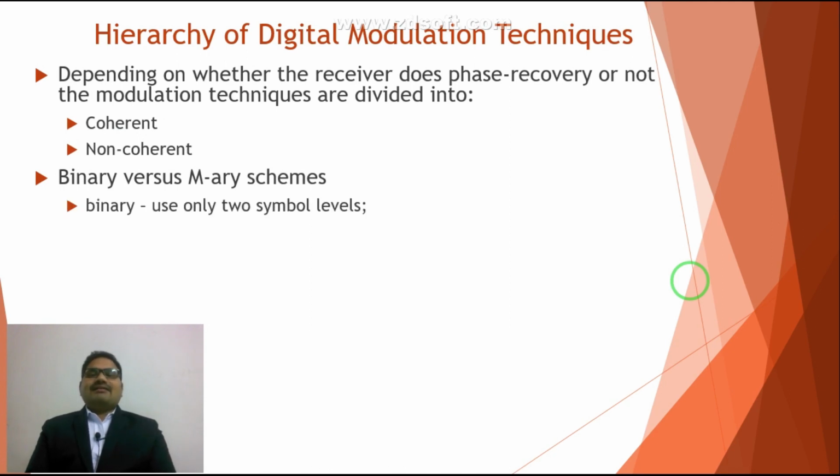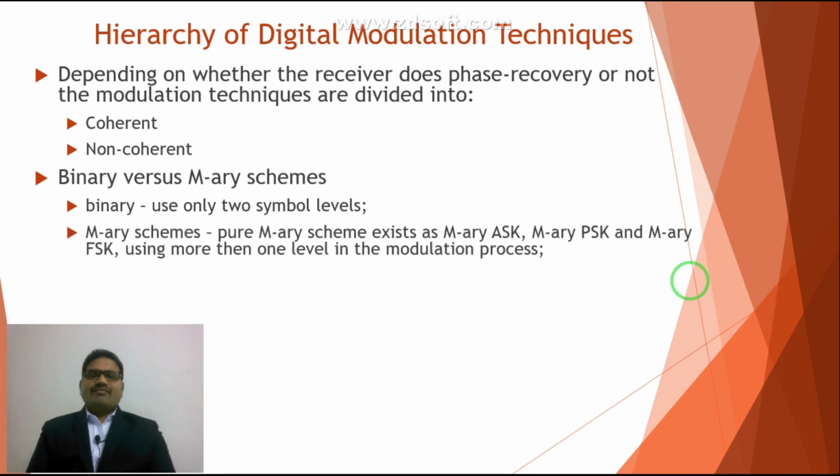As its name suggests, binary means 2, so it is going to use 2 symbol levels, that is 0 and 1. After that, M-ary schemes: if more than 2 symbols are there, then how are we going to use them?